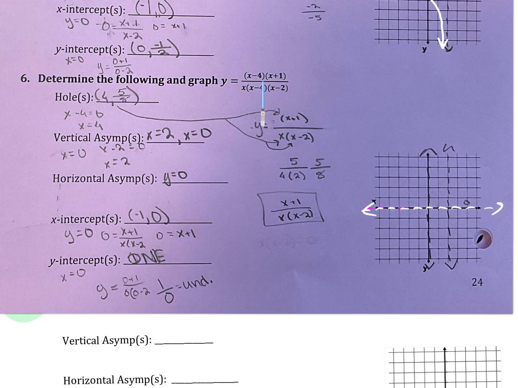Then I'm going to go to my graphing calculator because I've put everything else on there. I'm going to graph that original function, which was x minus 4, x plus 1 over x minus 4, x minus 2. And I'm going to double check that we think all of these scaffolding are what we need to draw this graph.